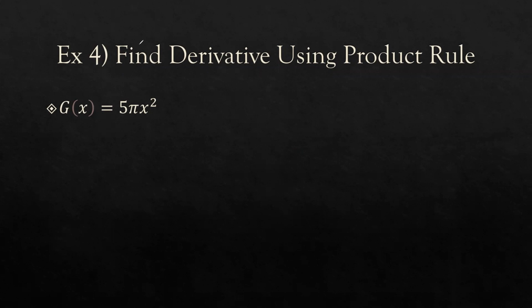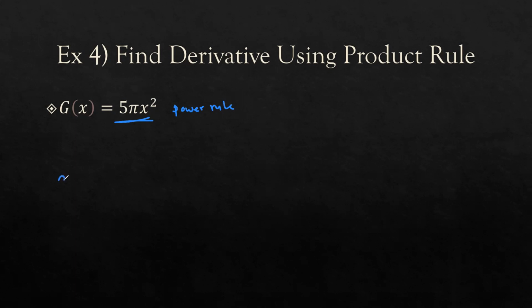This was a trick one, because when I did tutor math, I saw a lot of these problems where students think they would apply the product rule, but you would actually use the power rule. The reason we're going to use the power rule is because this is actually one big term. 5 pi is technically a constant, right? So it's like a constant times x squared, which is power rule.